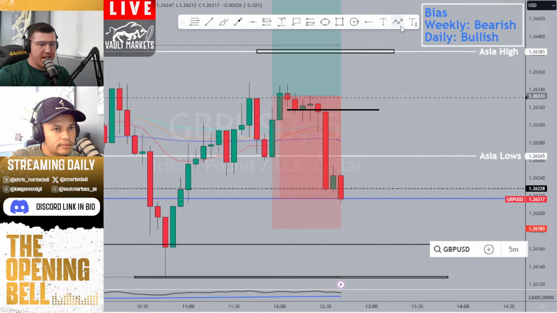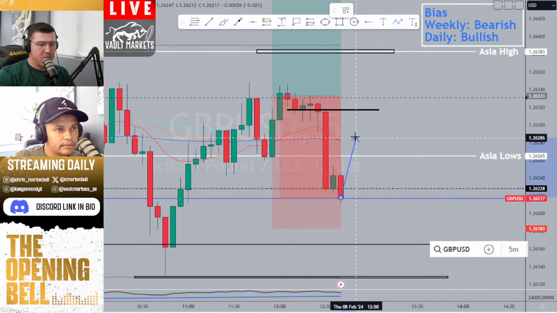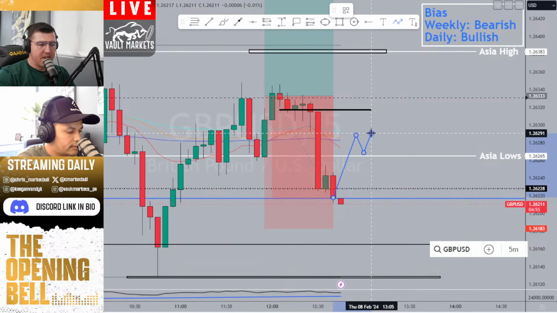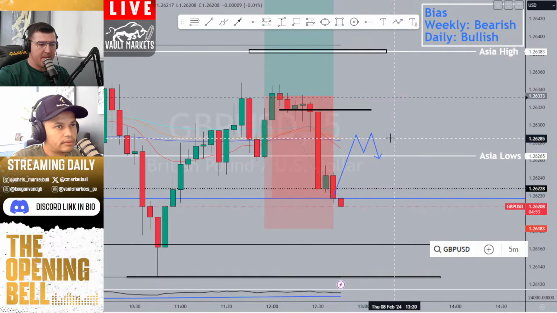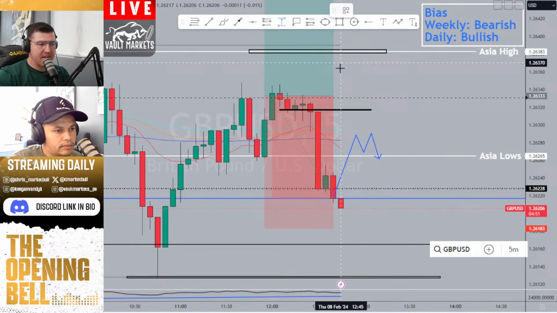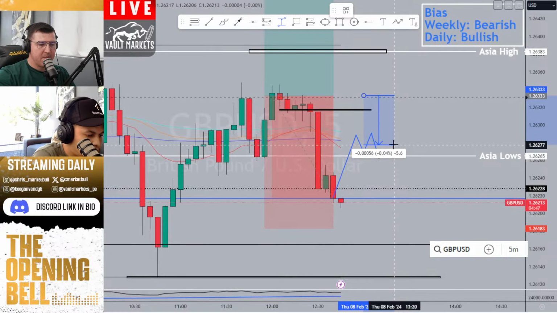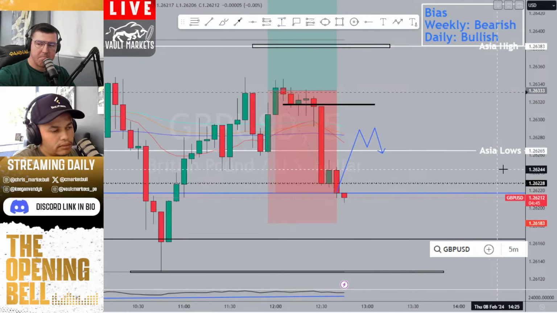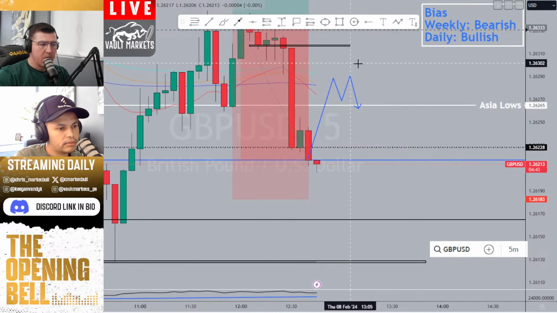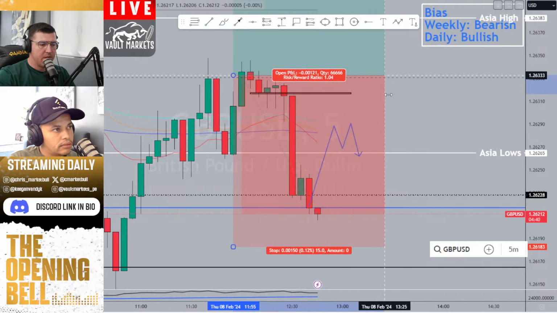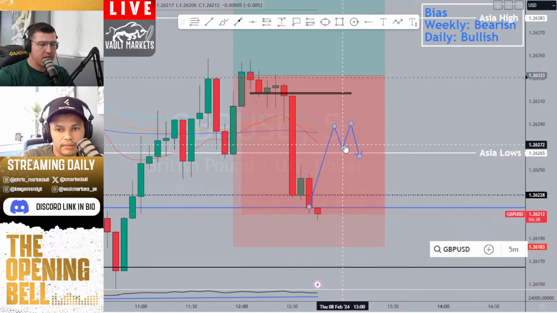Otherwise, if we can get some type of pullback here and maybe reject here, then I might kill it, because then we're saving half of our risk, 6-7 pips. But up until then, we are in this, we are now swing traders.